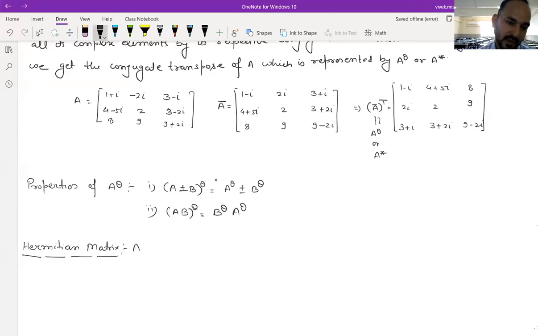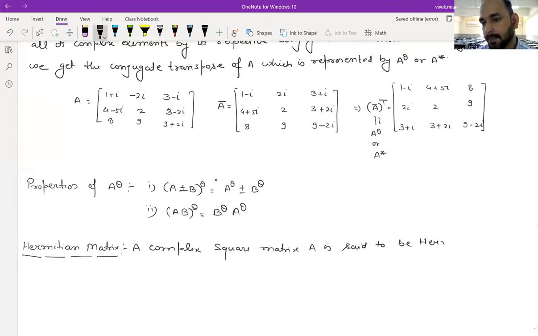A complex square matrix A is said to be Hermitian if and only if A theta is same as A.